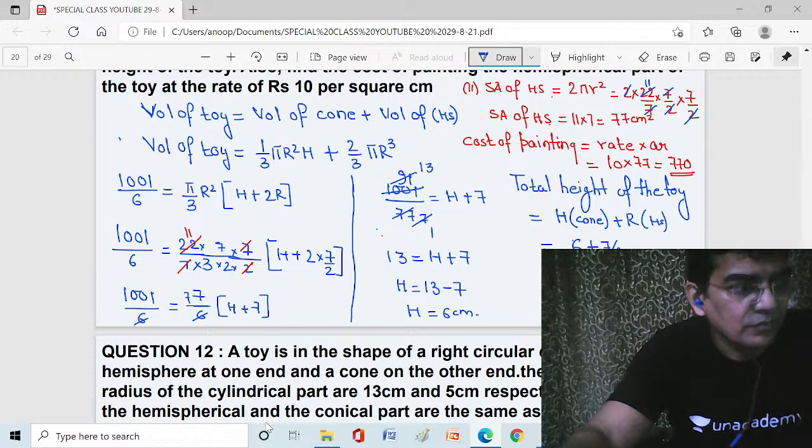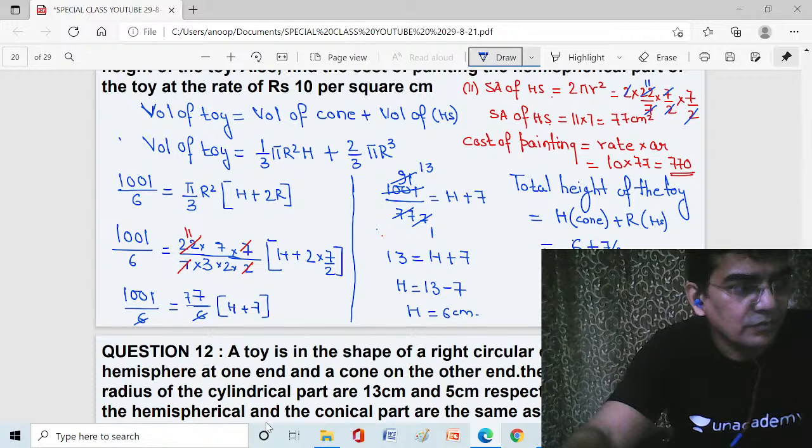Now the question says find the volume and the surface area. Now how to find the volume of the remaining portion? So first we will calculate the volume of the cylindrical portion, the volume of the solid cylinder, it's pi r square h. Let the pi be as it is.